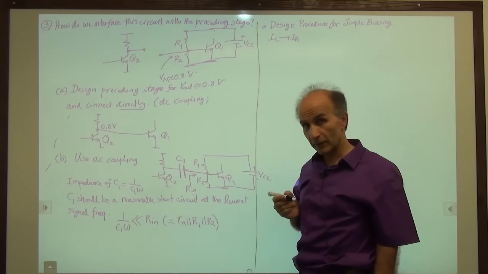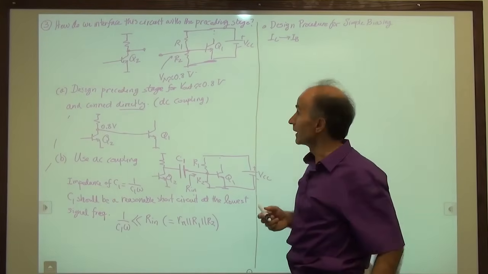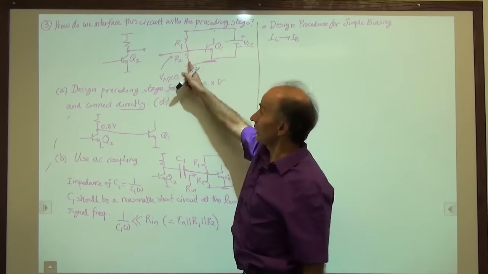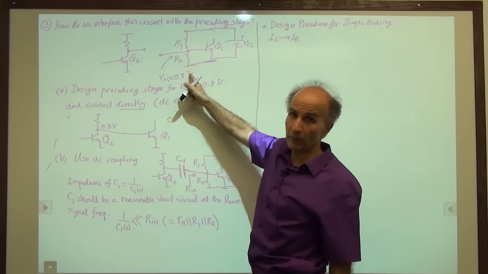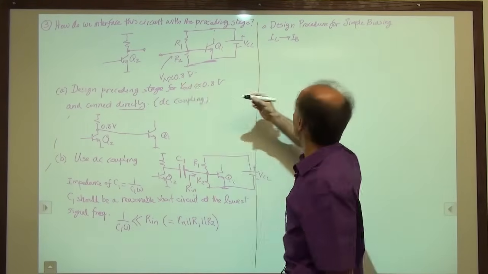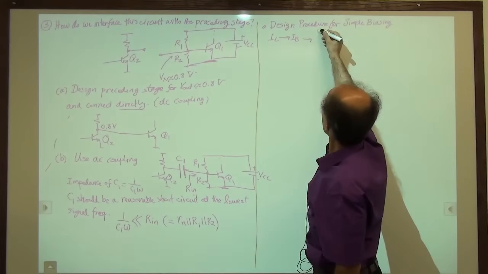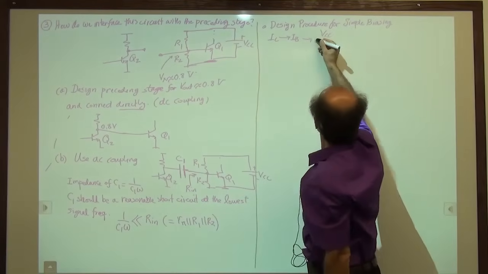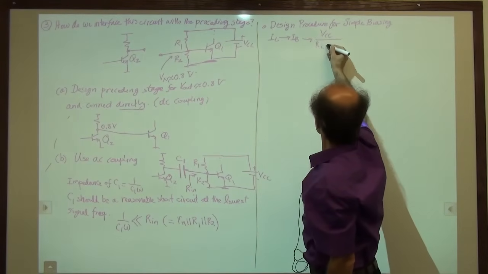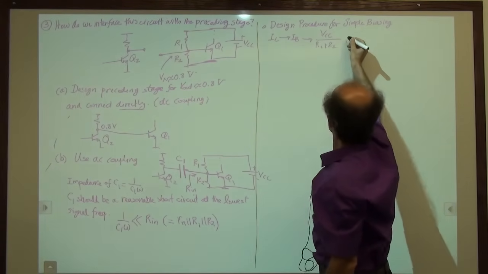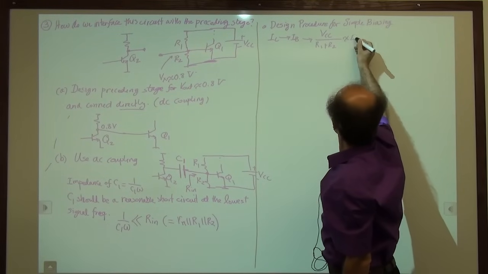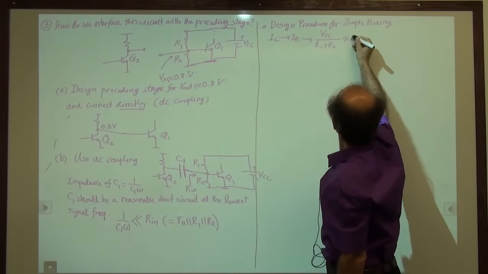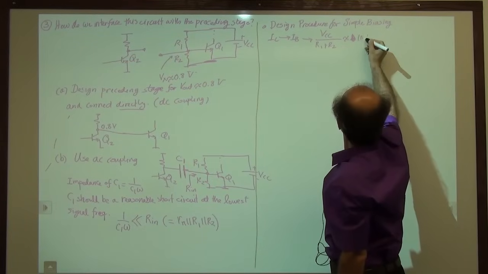If we know the base current of the device, then we want to choose the current through the resistive divider to be much higher, maybe 10 times. So we pick VCC, because this is VCC from here to here, divided by R1 plus R2 to be approximately 10 times IB.